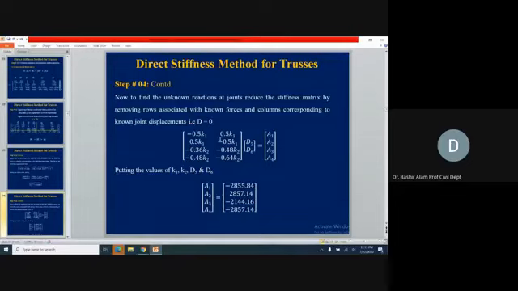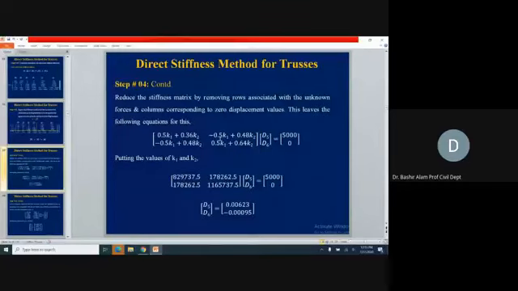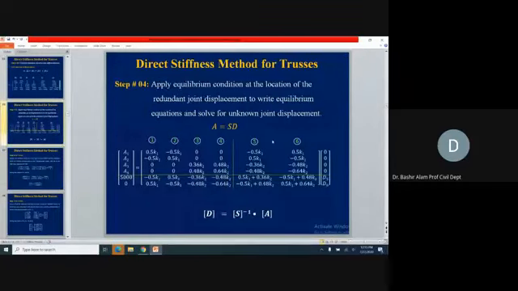Minus 0.5 K1, 0.5 K1, minus 0.36 K2, minus 0.48 K2, 0.5 K1, minus 0.5 K1, times D5, D6. If you look here, this is the 5th and 6th columns, from here that matrix we are taking.